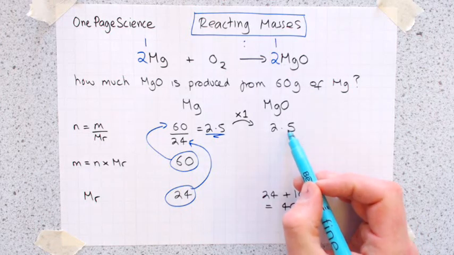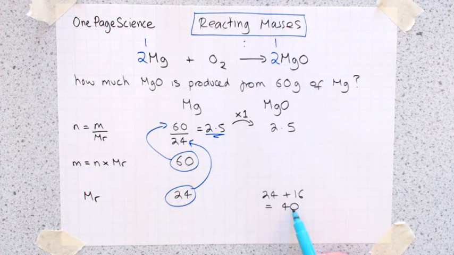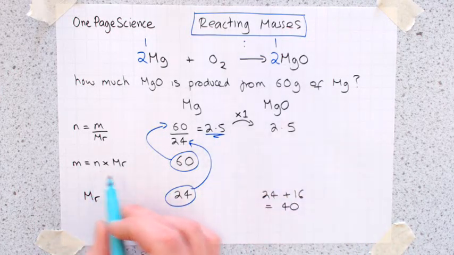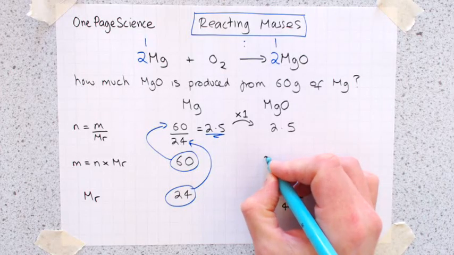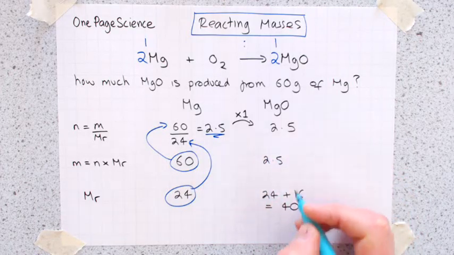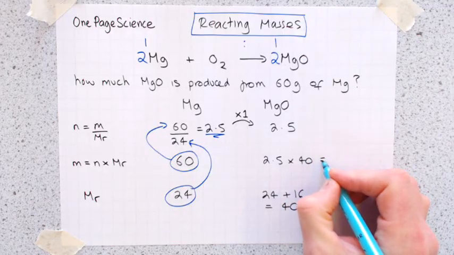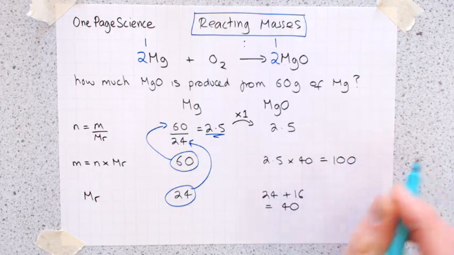Now I know the number of moles and the relative mass, so I can use my rearranged equation to work out the mass. It's number of moles, which is 2.5, times Mr, which is 40. You stick that into your calculator and you get a value of 100.